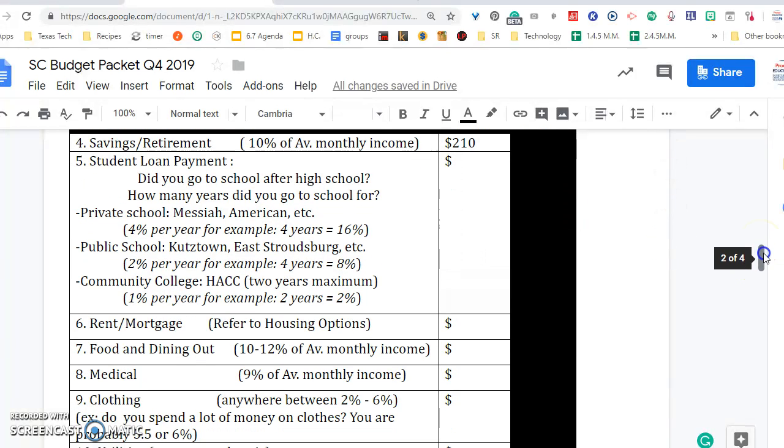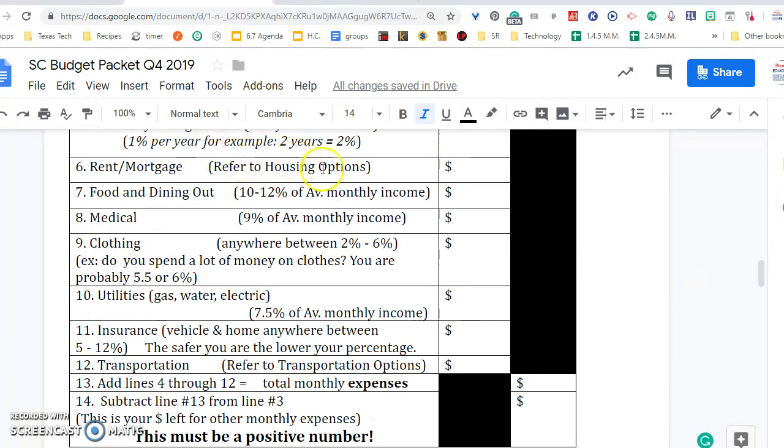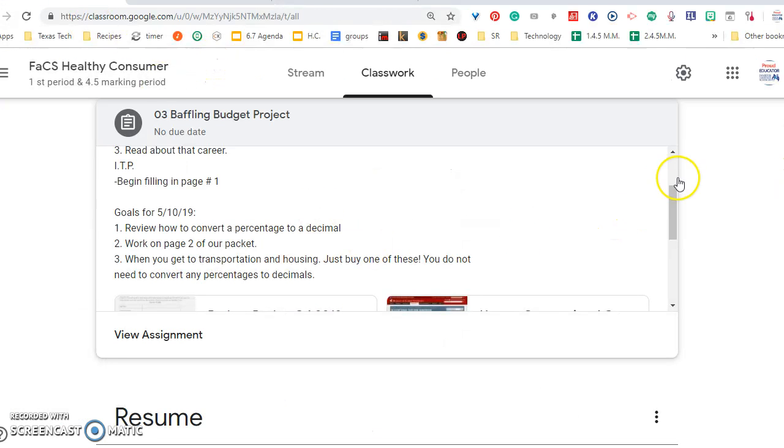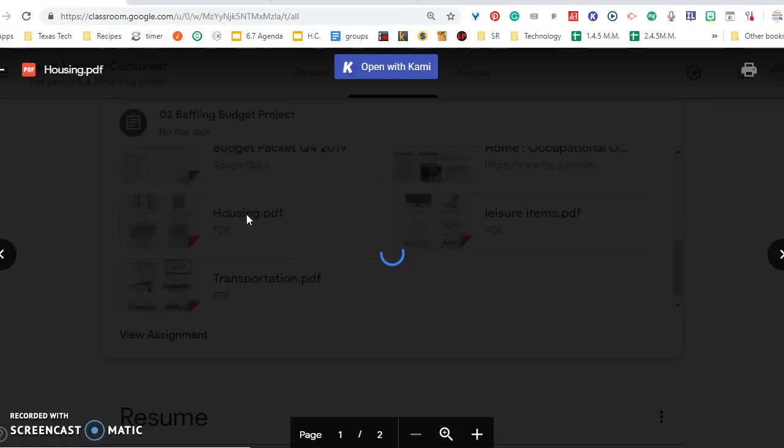Now, where we have some trouble is for different school choices, you're going to choose what school you go to, and then how many years is going to depend on what you find on the website. If you need a bachelor's degree, that'll be 4 years. If you need a master's, 6, and so on and so forth. If you see something such as rent and mortgage, where it says refer to housing options, back in Google Classroom, I have attached a few documents here, and you're going to just find what you need.